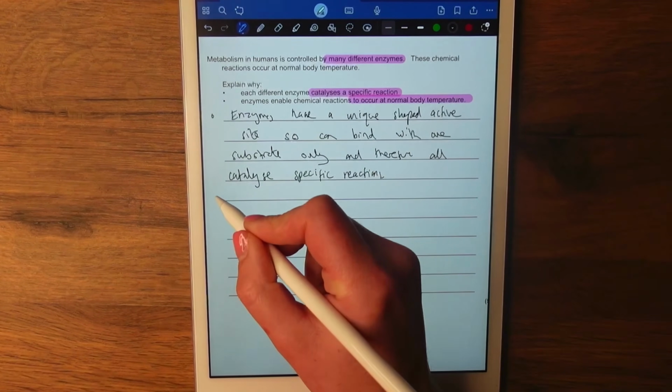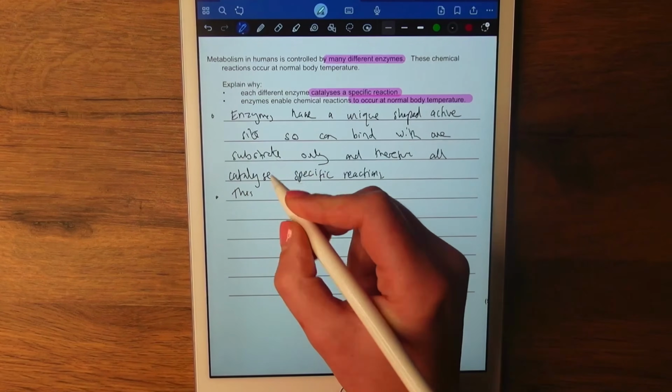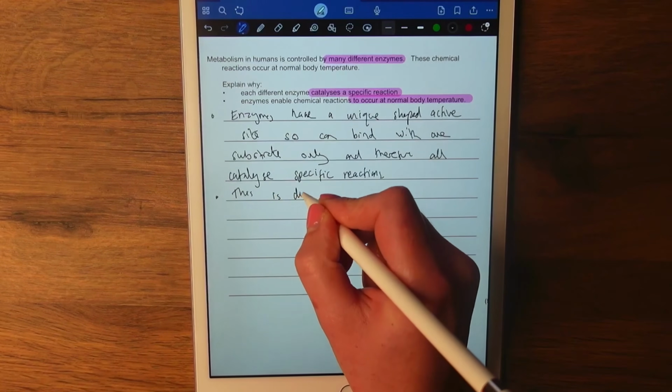I'm also going to add in that this is due to the tertiary structure.